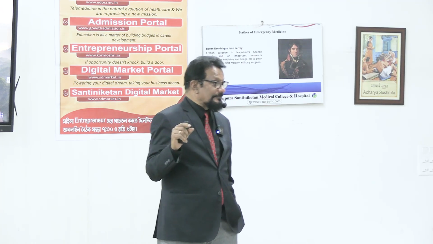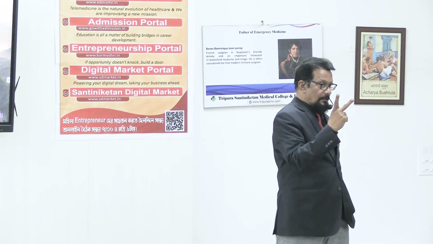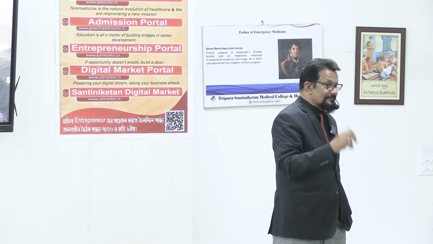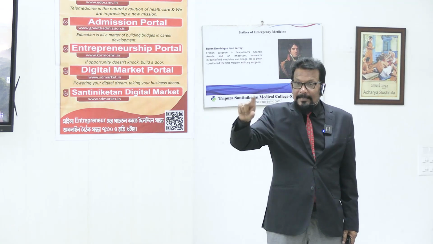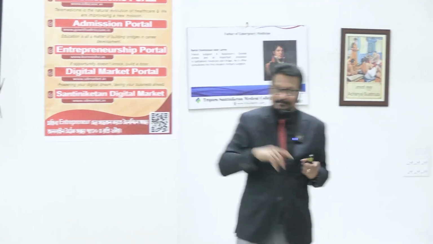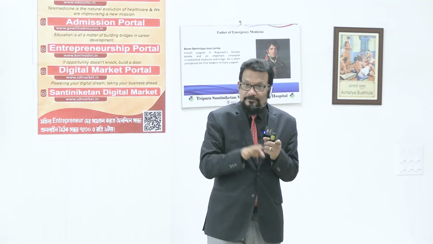So this is the conductivity. This conductivity depends on 3 factors. One is myelination. If the axon has myelination, the conduction will be faster. If it does not, conduction will be slower.